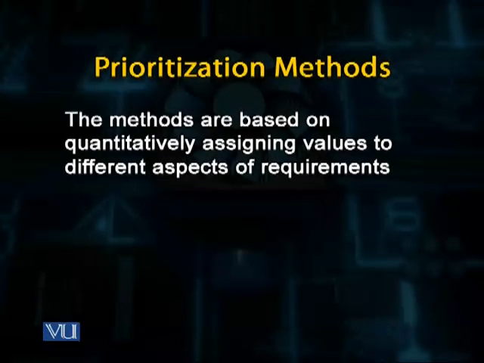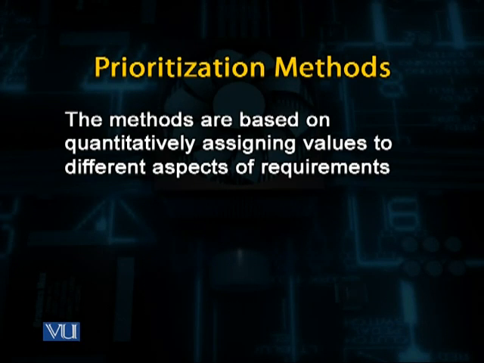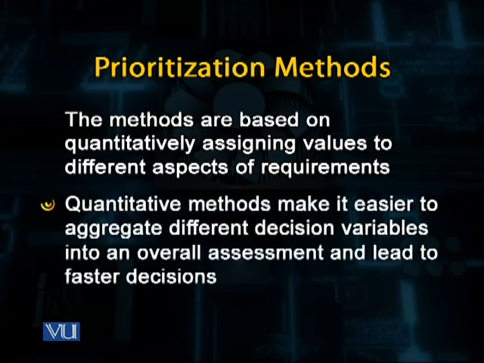The methods are based on quantitatively assigning values to different aspects of requirements. So the methods are more formal, the methods are more quantitative, and they assign different numbers or values to different aspects of the requirements.